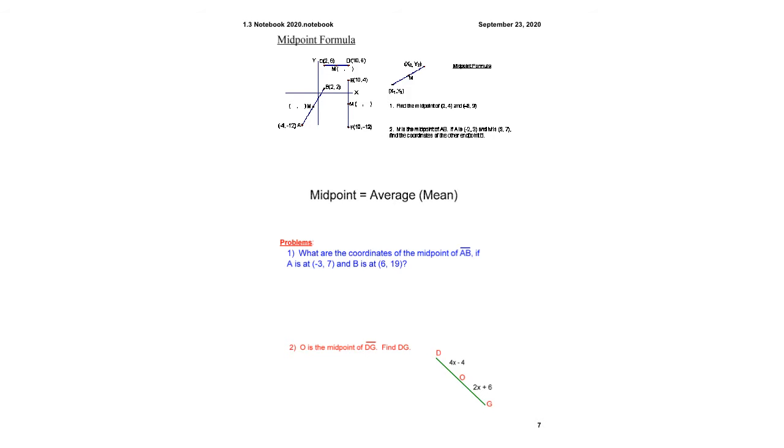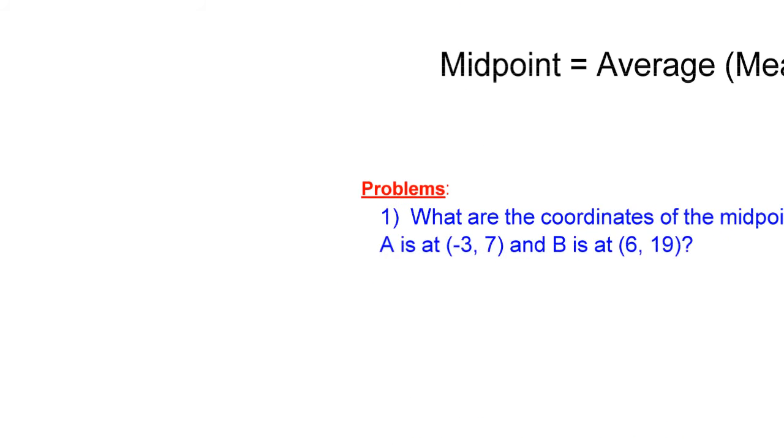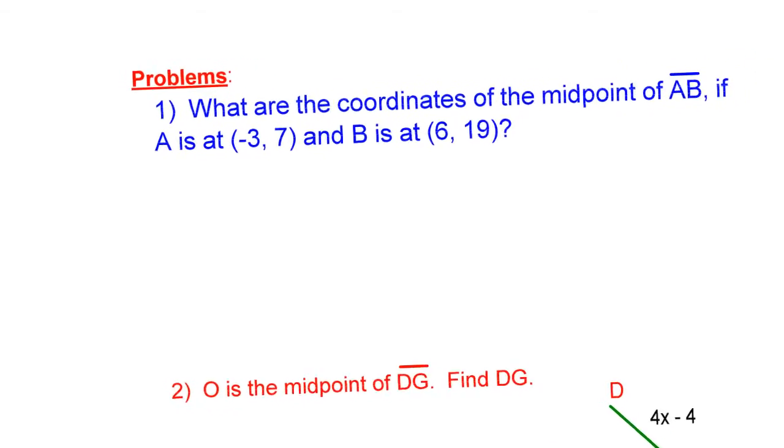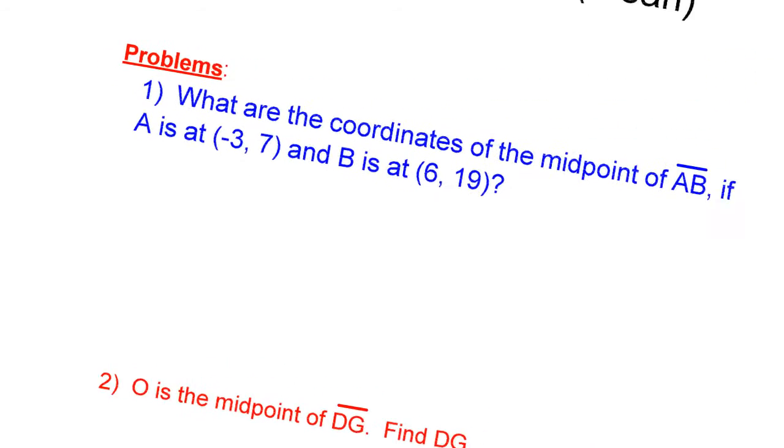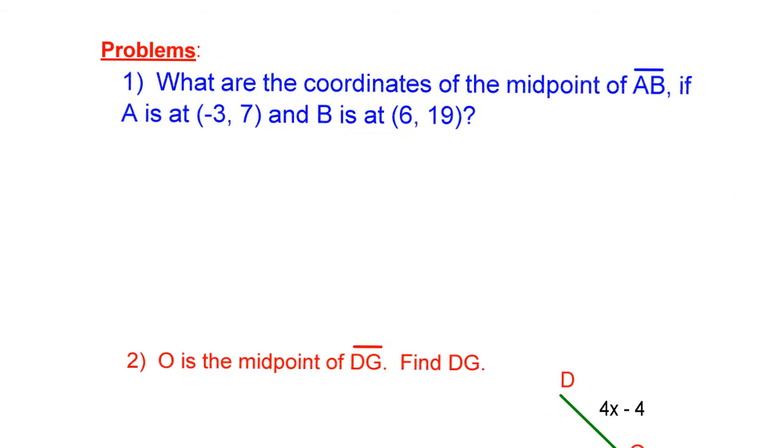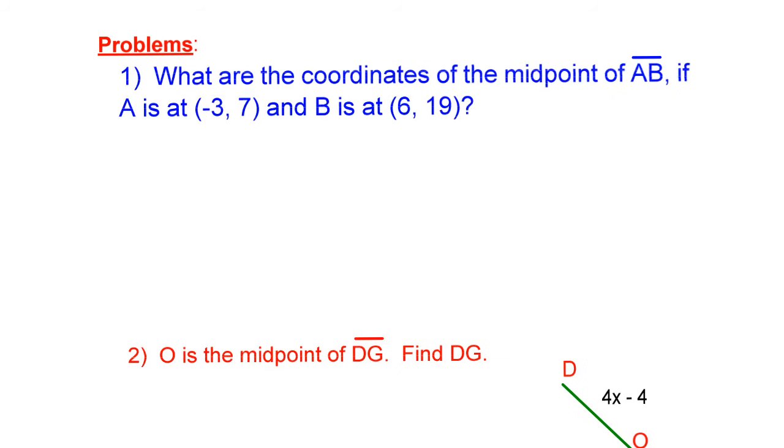Okay, let's take a look at one example. So example number 1 is extremely important, and I want to make sure that you understand it. So what are the coordinates of the midpoint of segment AB if A is at negative 3, 7 and B is at 6 comma 19? It's always beneficial to draw a sketch.